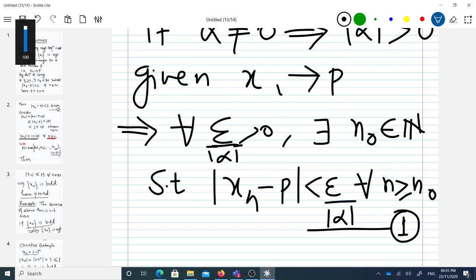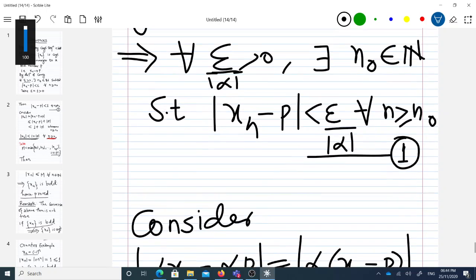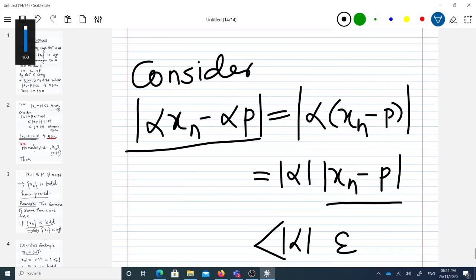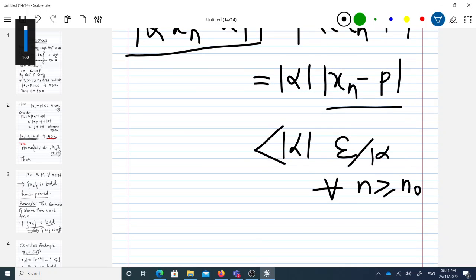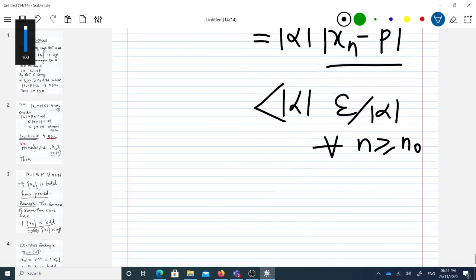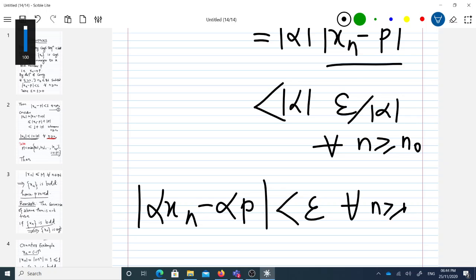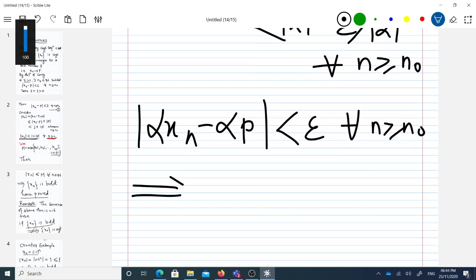Or sometimes people may not write this; they only say that for every epsilon greater than 0, there exists n naught belonging to natural numbers such that mod xn minus p is less than epsilon upon mod alpha. You are allowed to adjust the epsilon. So here mod alpha will get cancelled, and what I get is mod alpha xn minus alpha p less than epsilon for all n greater than or equal to n naught. This completes that the sequence alpha xn converges to alpha p.